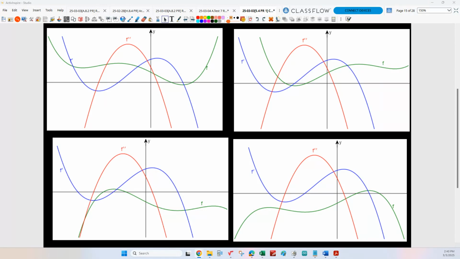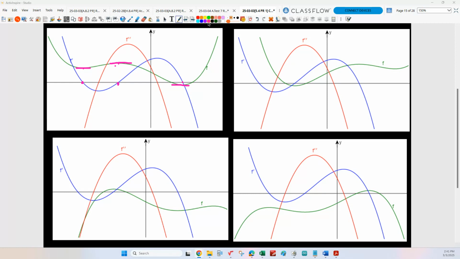Everybody see that? You might be tricked into thinking it's okay because you have a horizontal tangent there that lines up, and another horizontal tangent there that lines up, and another there that lines up. But the signs are wrong, aren't they?